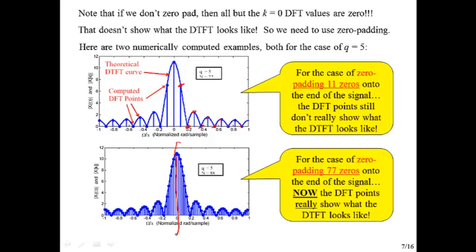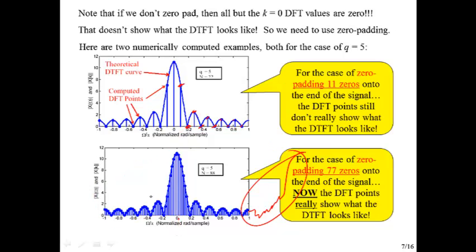So the DFT, when I compute it, will go here and then it'll go back up like this. I'm taking all those points and moving them down to here to make all of this.